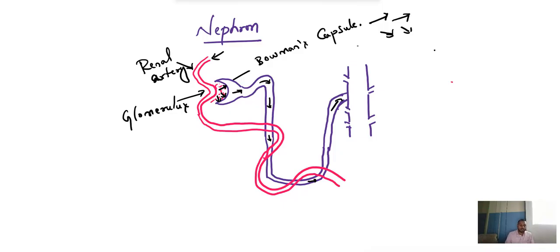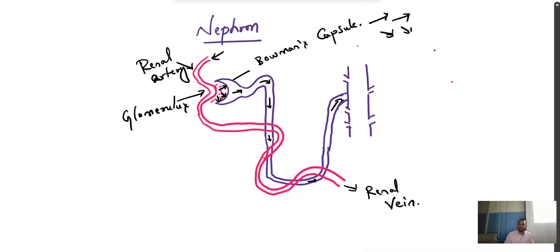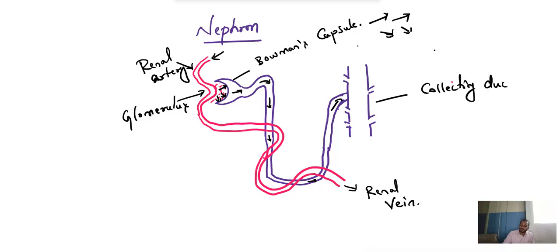Renal artery, and this is renal vein, and this part is the collecting duct. And can you see this shape? This part is called PCT, also known as the tubular part. Tubular part. Is this clear?